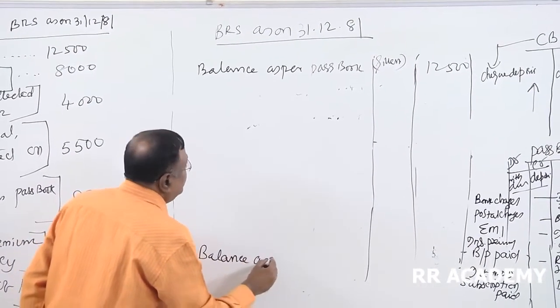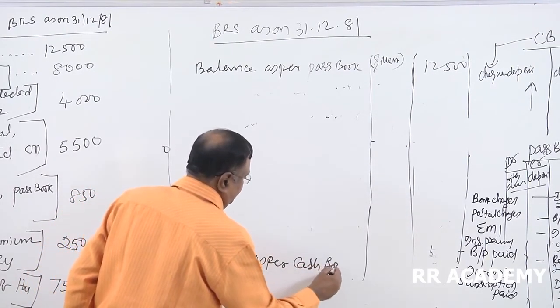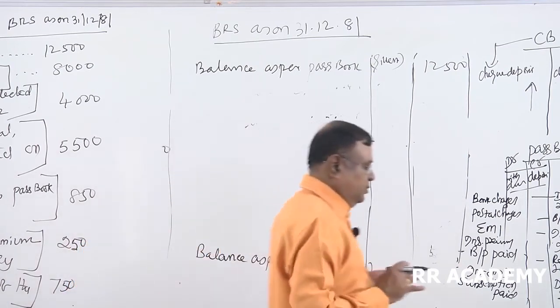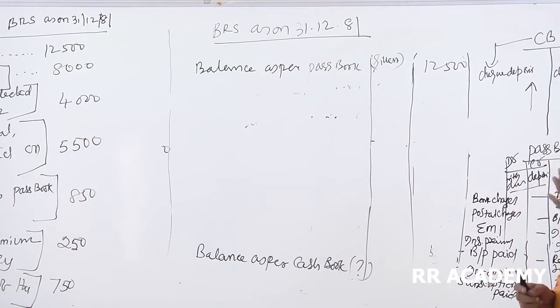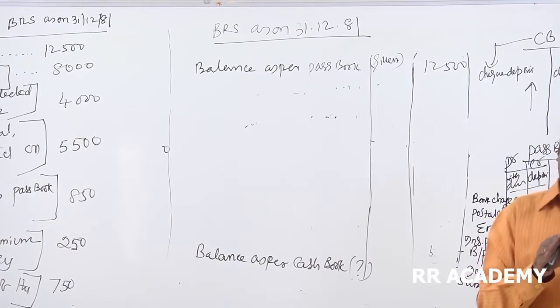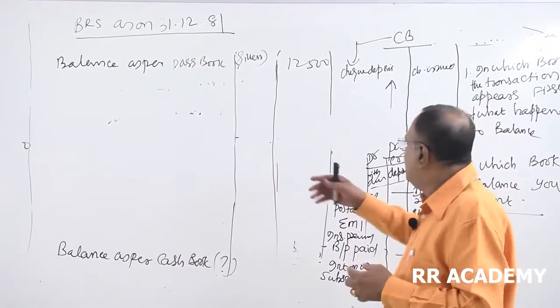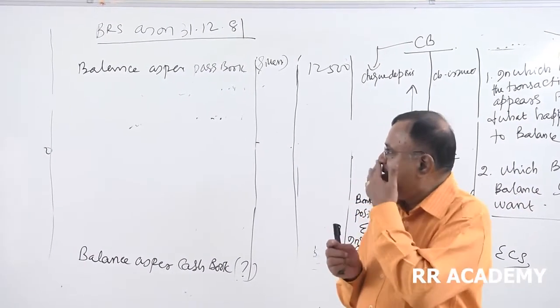Balance as per cash book you have to find, question mark. If you do it this way, you will be able to understand. This type is always better, friends. Even the arrow mark sometimes may mislead you, but this will be better, very easy.